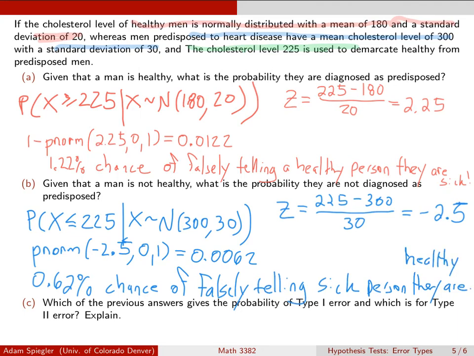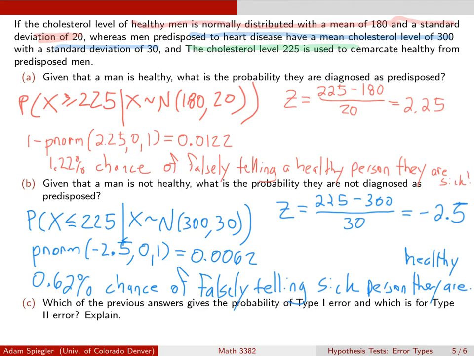Both of these errors are not good to make. We don't want to make errors in general, but this is all based on randomly selecting people, so sometimes we just get unlucky. Now we want to think about which of these probabilities would represent a type 1 error and which a type 2 error.